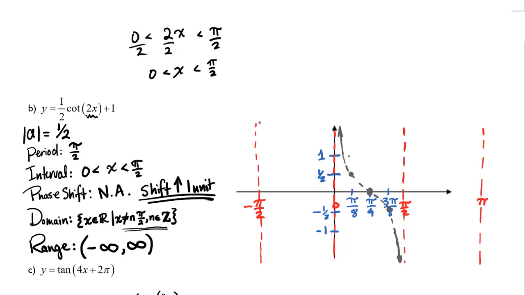And I can sketch a whole bunch of additional repetitions of the period because this does repeat. But I have forgotten one very important thing. All these points are shifted up 1 unit because of the +1. So I take whatever I had as a point and I shift it up 1 unit.